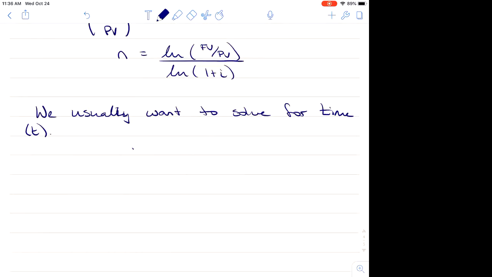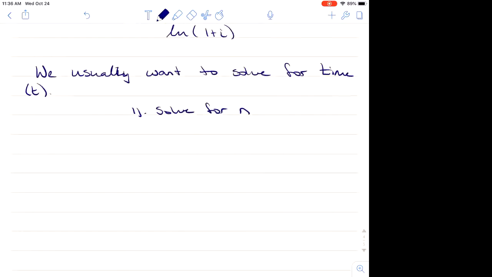So step 1 is going to be solve for n. Step 2 is going to be use n is time times the frequency to solve for t. Just have to take that extra step further.